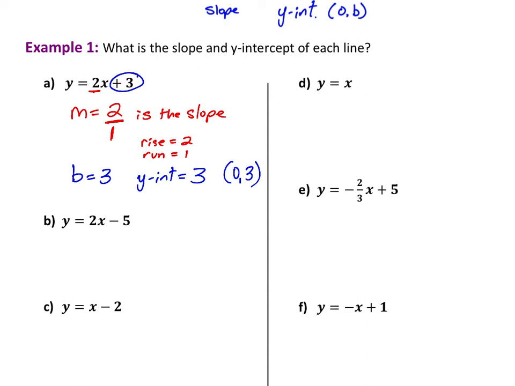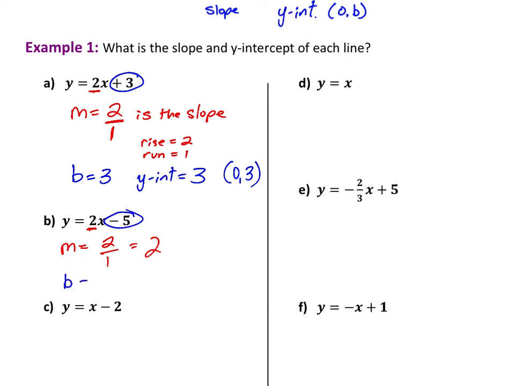All right, so looking at example B, identifying the slope, again, we have a positive 2 multiplied in front of the x, so your slope, or m, is 2, or you can write 2 over 1 if I need you to identify the run. Otherwise, just say it's 2. And then your y-intercept is equal to the b value. Now notice how it's minus 5 as the constant term here.